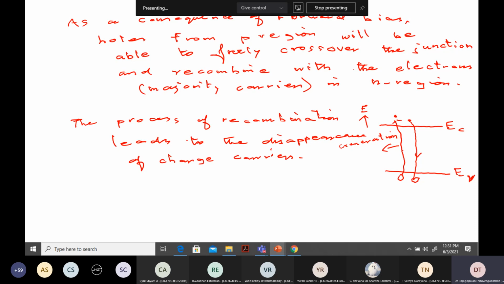So hole concentration will definitely increase with this. How much will the hole concentration increase? That is a question we need to answer.